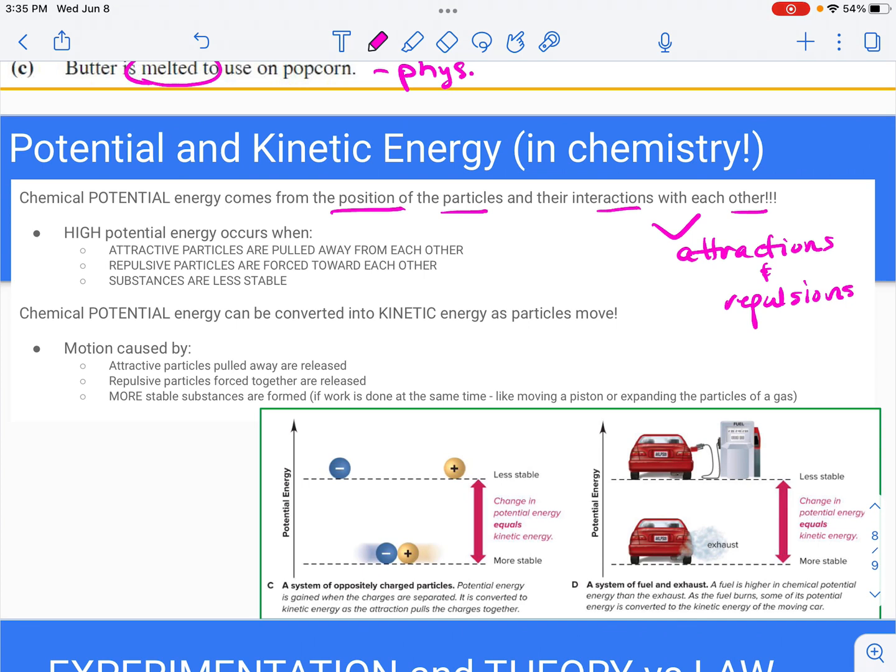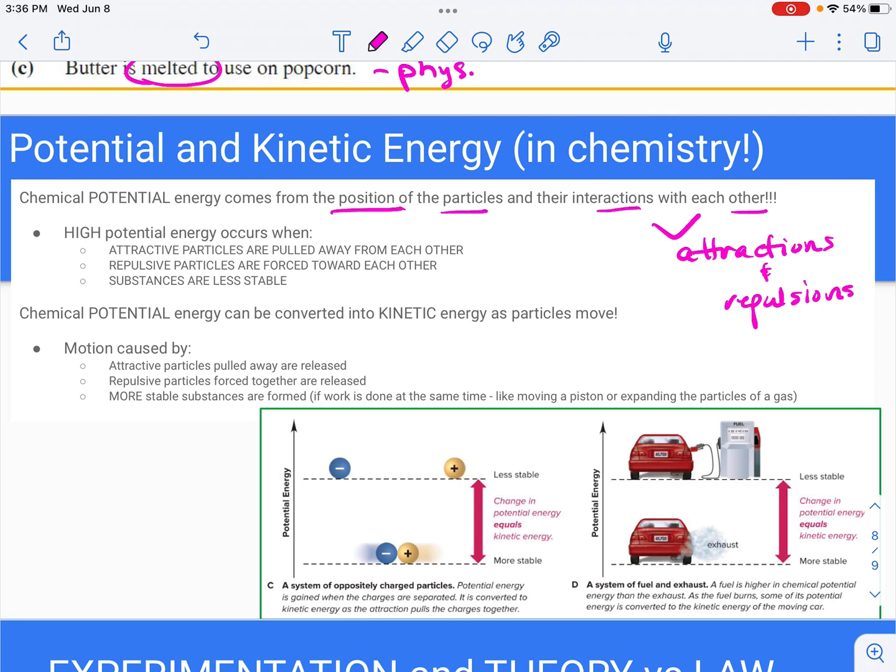And so if two particles are really attracted to each other and their distance is far apart, then if you let go of them, they would pull toward each other, right? If you pull them too far, they're no longer attracted.